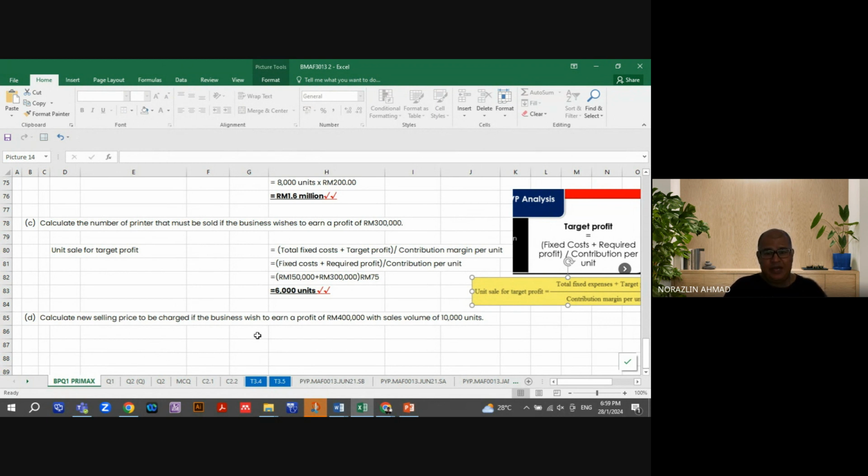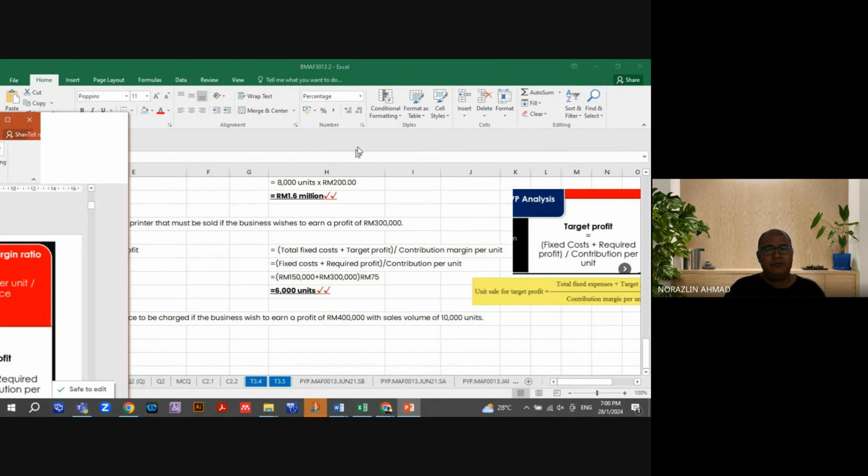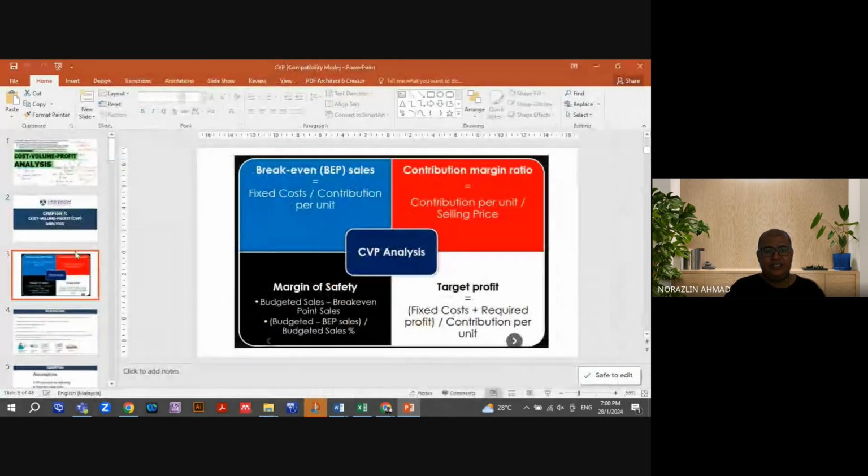So this one, you have to use this formula. I'm not sure whether inside this slide presentation you got the formula or not. Let us check this one.